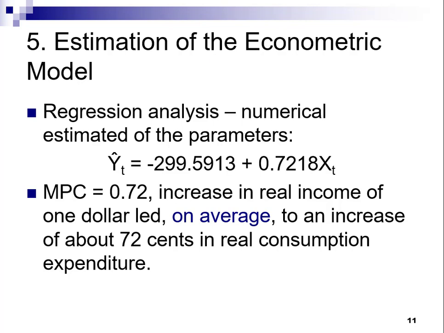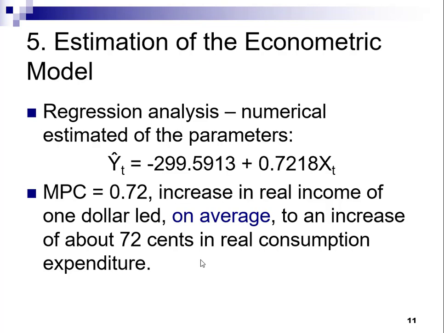Our intercept is negative. This is the example we calculated with the data: y hat equals minus 299.5913 (this is our intercept) plus 0.7218x. Marginal propensity to consume is 0.72. What does it mean?